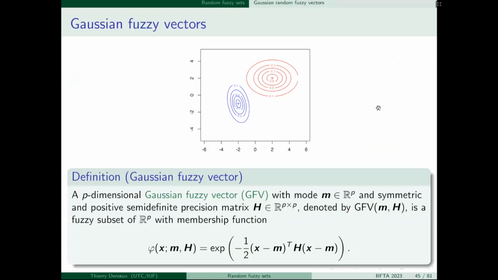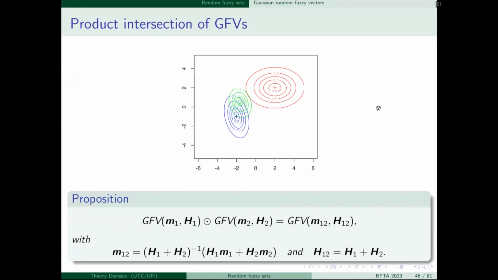But first, I want to observe that we can combine 2 Gaussian fuzzy vectors by the normalized product intersection, and we still get a Gaussian fuzzy vector. Here I've represented the intersection of these 2. The precision matrix is just the sum of the precision matrices.